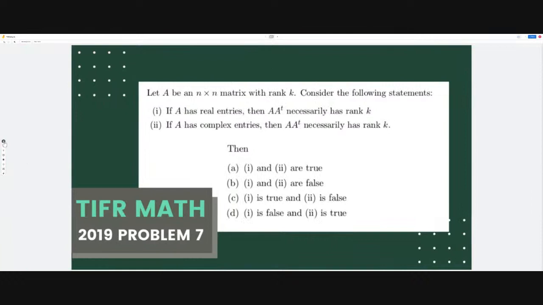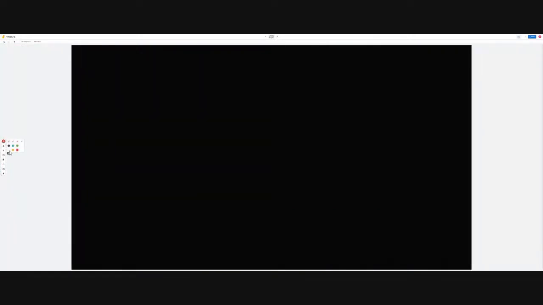Firstly, we will address the second part of this question, that is, if A has complex entries, then it necessarily has rank K for A into A transpose. The fact is that it's not true, quite obviously.